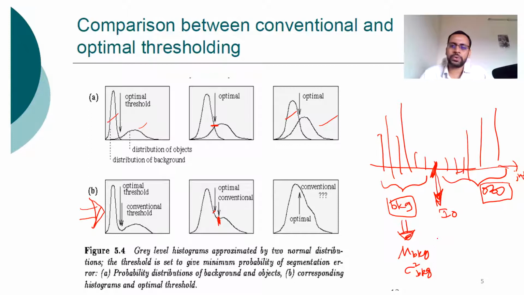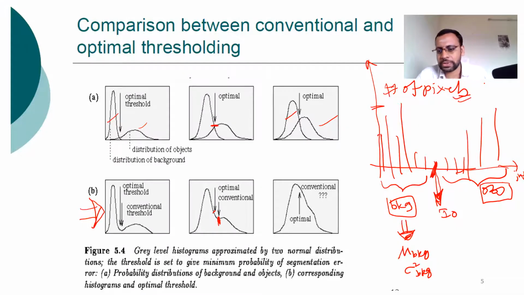Right. For example, in the histogram, don't even consider a PDF. My y-axis is number of pixels. Let's say this starts from 0. Now tell me what would be the mean value of the intensity.